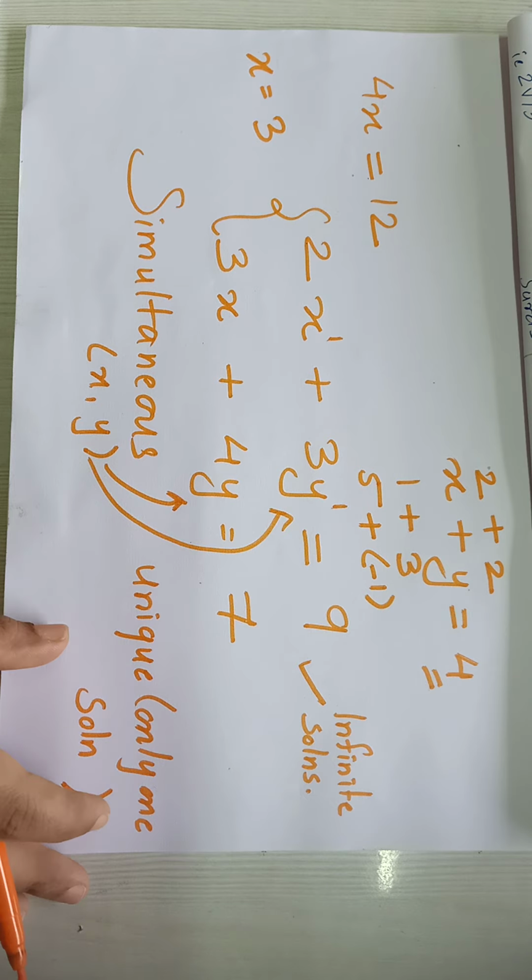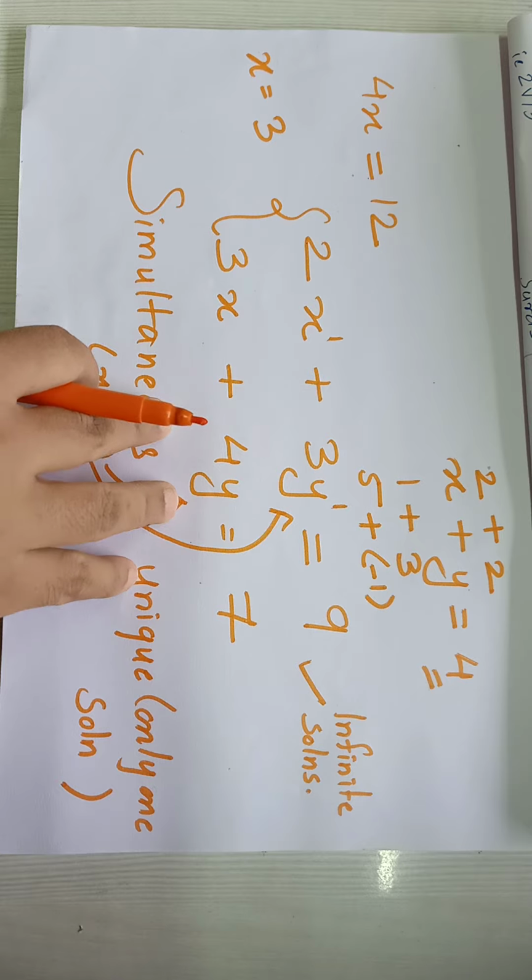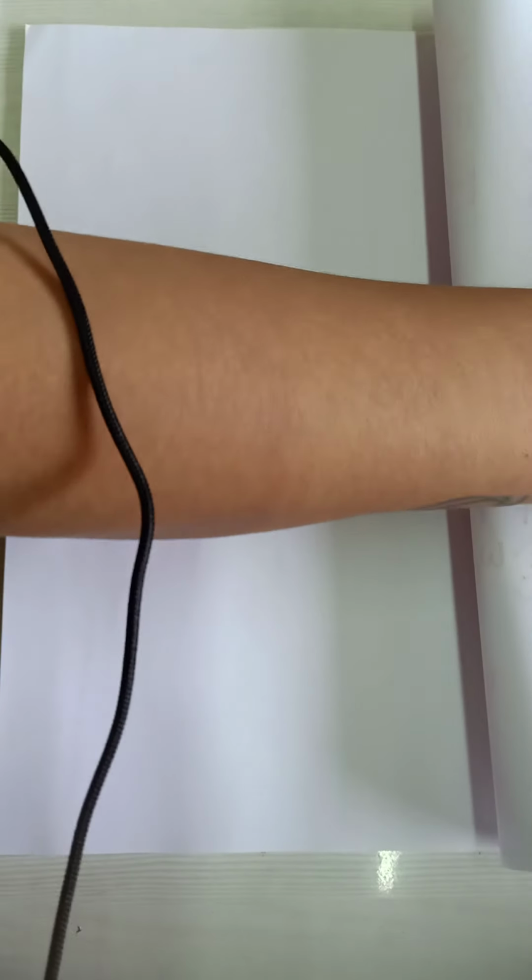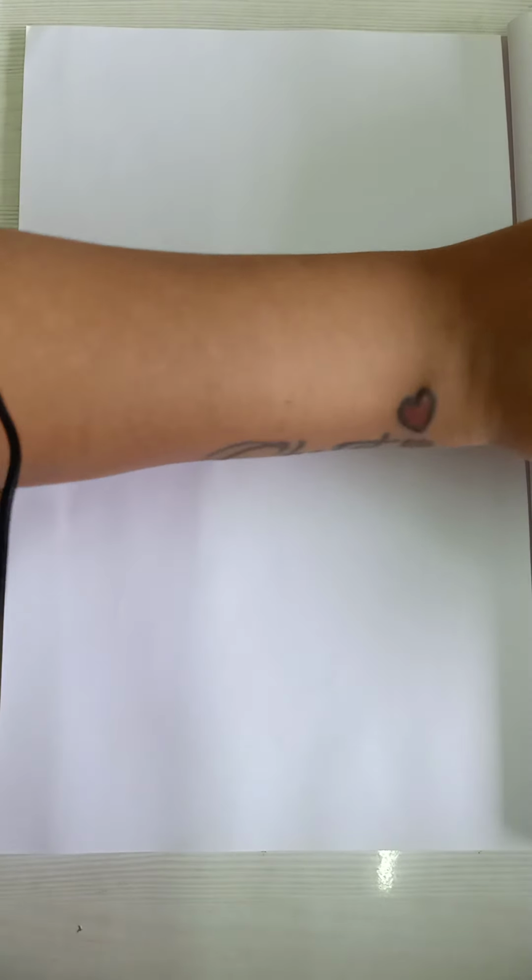Now geometrically, if you want to view this concept geometrically, it goes like this. Every equation in two variables represents a line on the graph paper. We have learned how to plot equations graphically on graph paper.